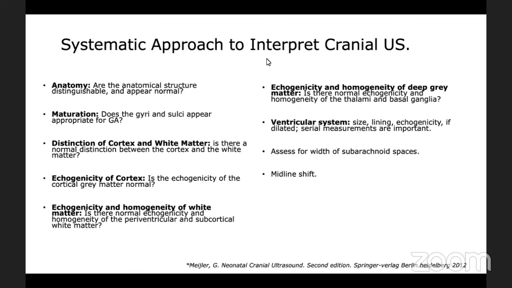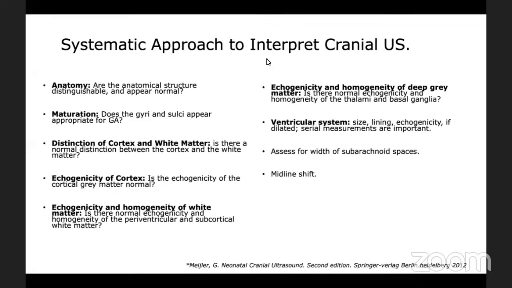So how can we approach and interpret the cranial ultrasound? First, look at the anatomy. Do the structures appear normal? Are they distinguishable? Is the maturation of gyri and sulci appropriate for gestational age or not? Also distinguish between the gray and the white matter. Is the echogenicity of the cortex normal for cortical gray matter?